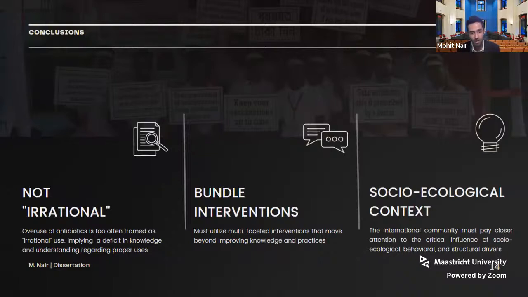The problem is not as simple as a deficit in knowledge, and the knowledge practice gap can only be addressed by embracing the One Health paradigm, utilizing multifaceted bundle interventions that move beyond education, leveraging, recognizing, and appreciating the diversity and potential of India's multifaceted and pluralistic healthcare system to critically address infrastructural gaps in access before we look at excess, and be grounded in policy and systems change that recognizes the role of social determinants in governing individual and institutional behavior.